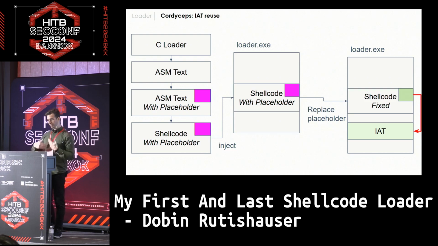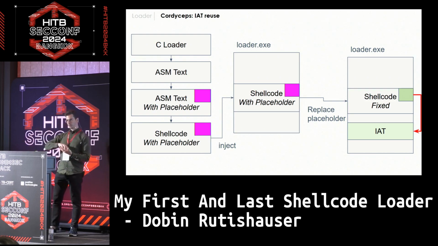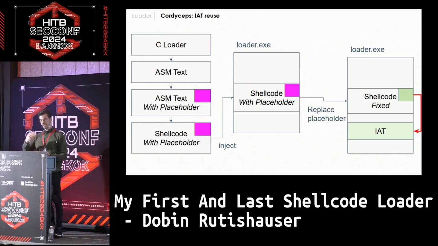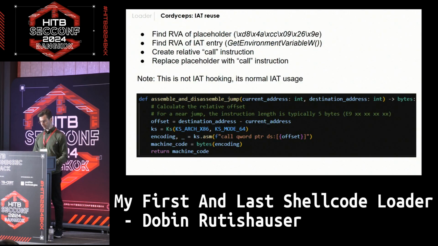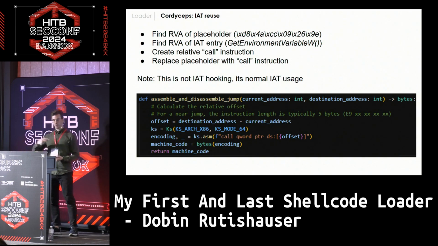Then, when this is compiled into a shellcode, it will be a non-working shellcode. Then it can be injected into an executable like 7-zip, and then the loader can replace this call with a jump to the import table. So it needs a bit of support from the loader, basically, to do this, and you need to have a fix-up after the shellcode is injected. And of course, all you need is again to find the virtual address of the placeholder.